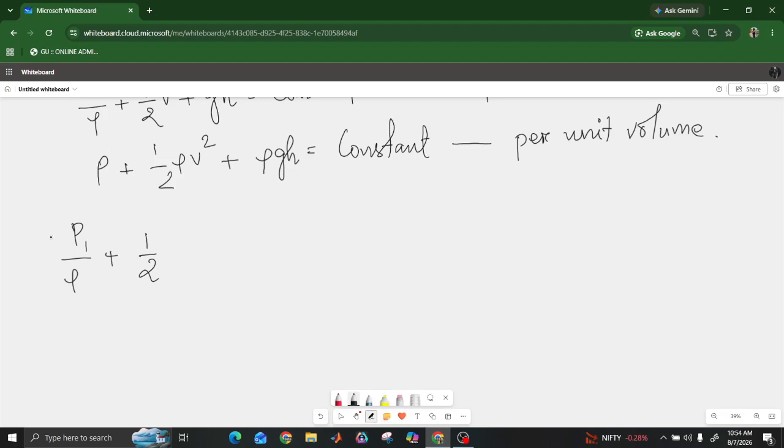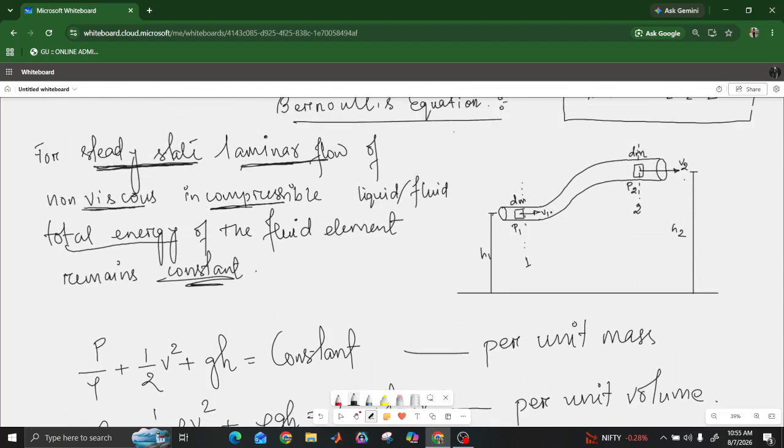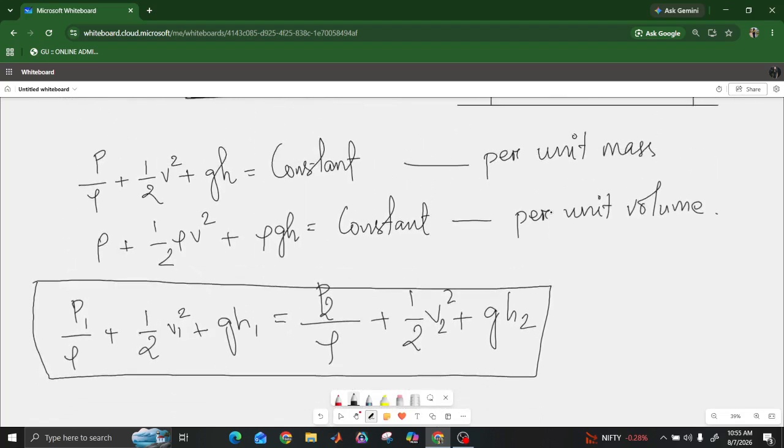So P1 by rho plus half V1 square plus G into H1 is equal to P2 divided by rho plus half of V2 square plus GH2. So this is my Bernoulli's equation for the 2 points that we saw on the diagram. Am I clear?